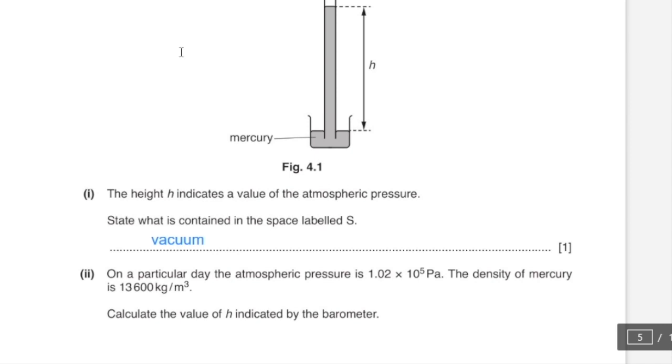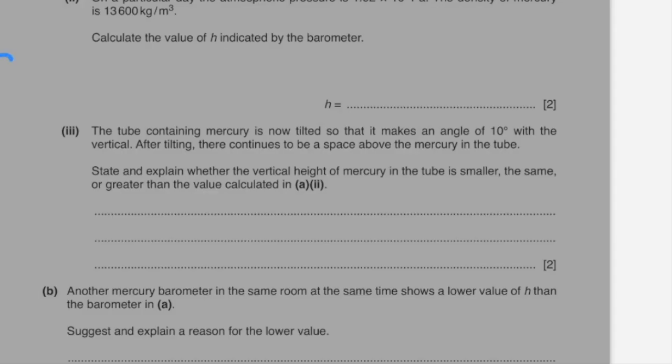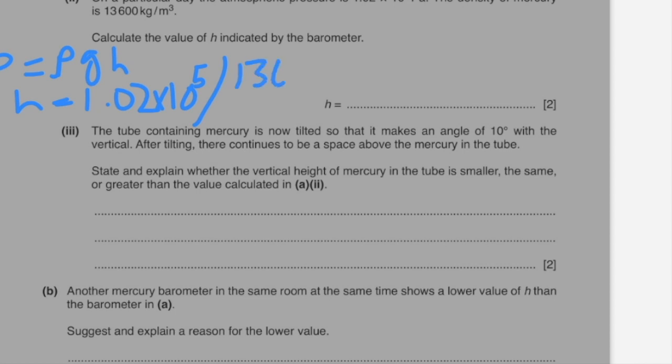Alright, so pressure is density times gravity times height, and so height is going to be equal to pressure, which is 1.02 times 10 to the power of 5, divided by the density multiplied by gravity. So that is going to be equal to 13,600 times 10, and this is equal to 0.75 meters of height.